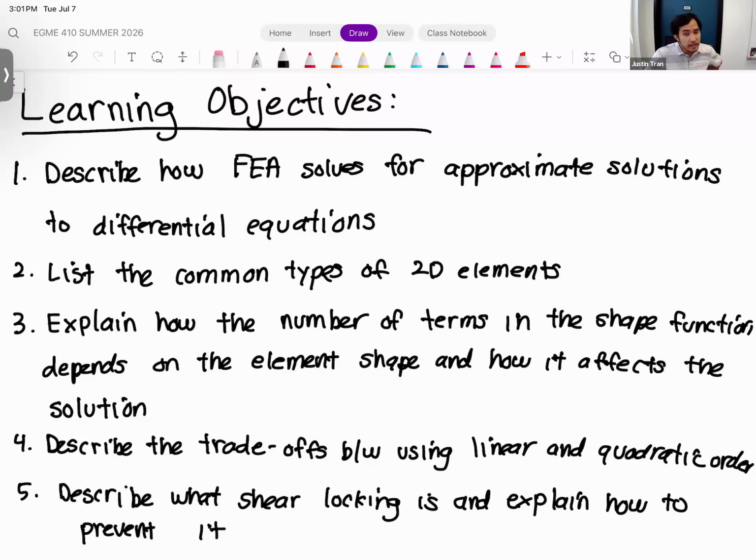We are planning to do ANSYS activity 3 on Thursday, so ANSYS activity 2 is going to be due on Thursday night. You're only going to have a couple days to do it. It's not a very long activity. None of the activities are that long, and we do most of it in class together. But just be aware of that short deadline, so that you get it in on time.